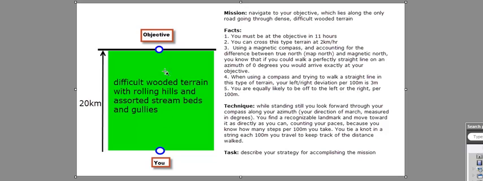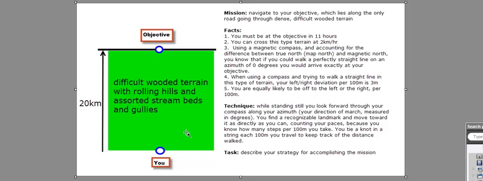Your technique for walking cross country while land navigating is you stand still and you look forward through your compass along your designated azimuth, or your direction of march, which is measured in degrees. You look ahead until you can see a recognizable landmark like a tree or a stone or a ground feature, and you move forward towards it as directly as you can, counting your paces, because you know how many steps per 100 meters you take.